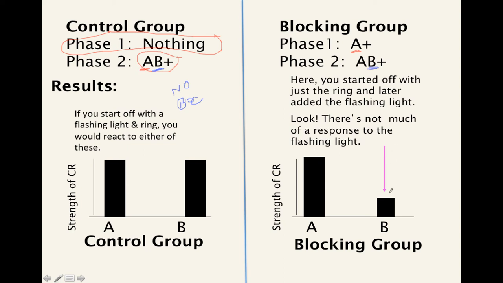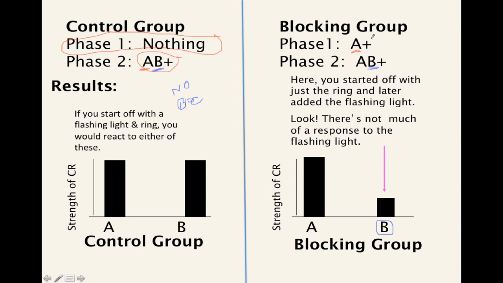But the light is not going to be very effective. So here, our light stimulus is B. And if the employee does not hear the phone ring but only sees the light flash, they won't know that it means someone is calling the store. Why? They've only paid attention to the ring, not the light.